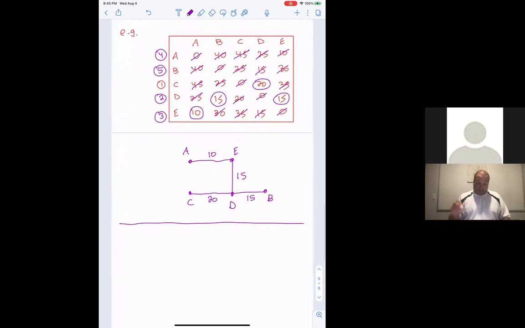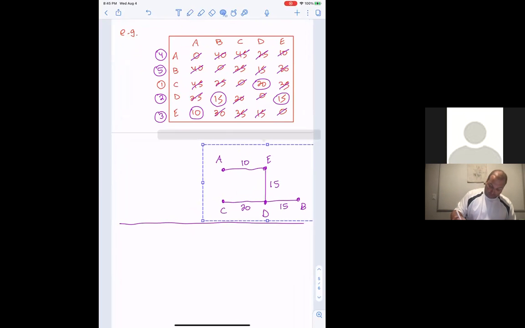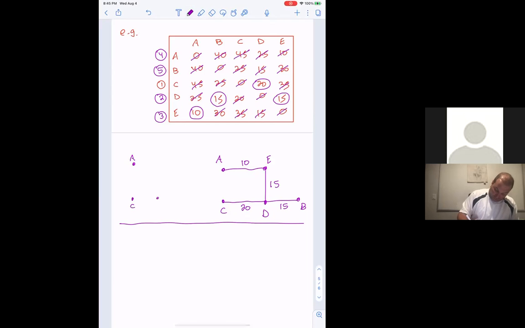Notice, by the way, if we look at the original graph, just to have it off to the side, here's A, here's C, here's D, here's B, and here's E. In the original graph, A connects to everything, to C, to D, to E, and to B. I'm not putting the weights in, just the graph itself.